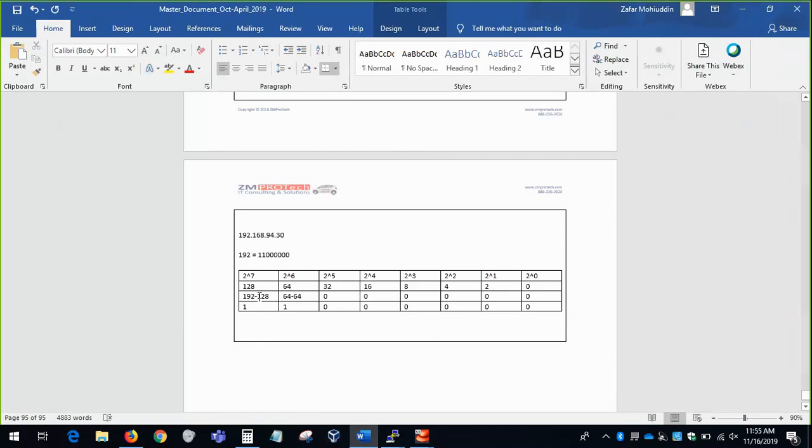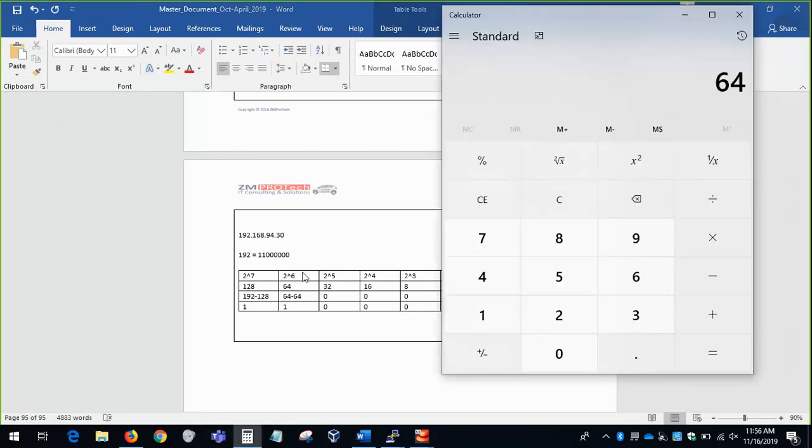So if we are able to do a subtraction, then that block is 1. It's on, the switch is on. And then 64 is left, right? Do you agree on that?